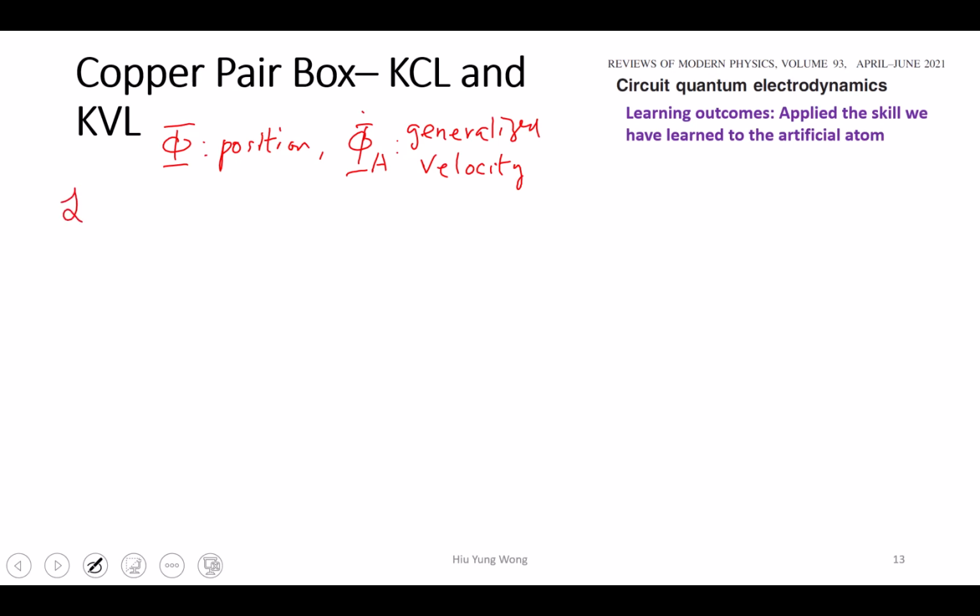What is the Lagrangian of this circuit? Not this circuit, of this qubit. So the Lagrangian is going to be the total, let me just copy it down, CV squared of the capacitor.